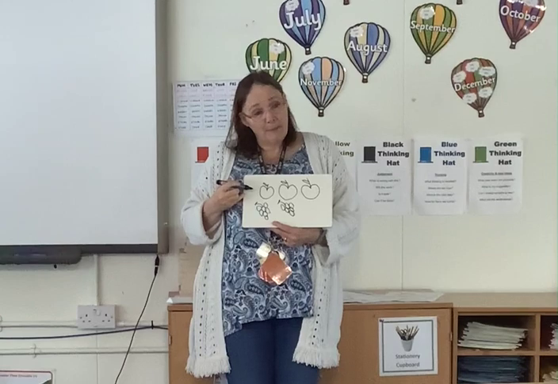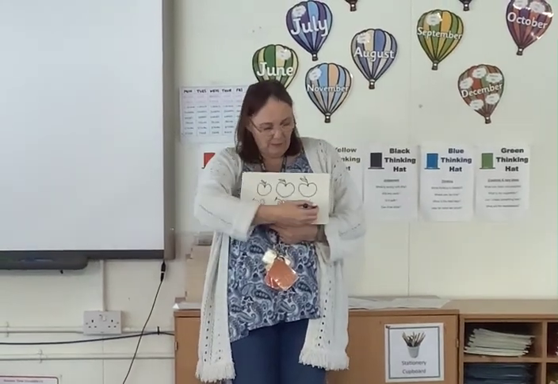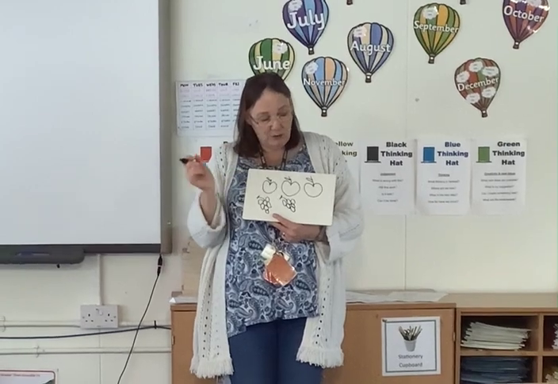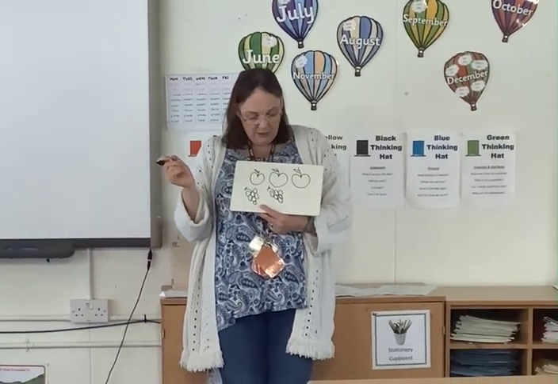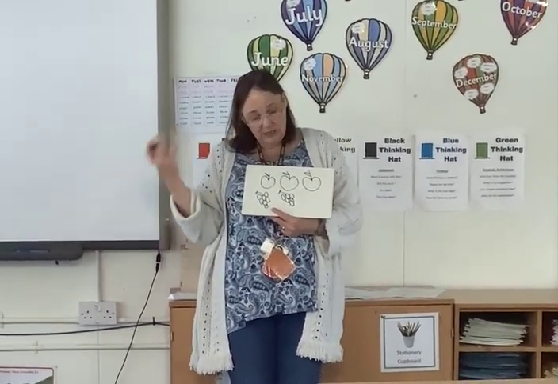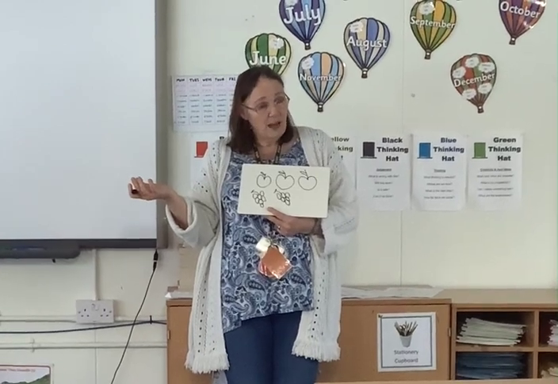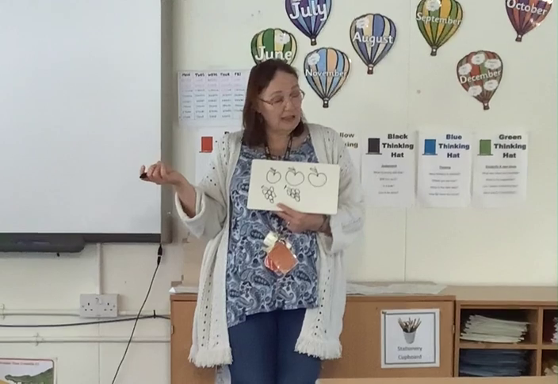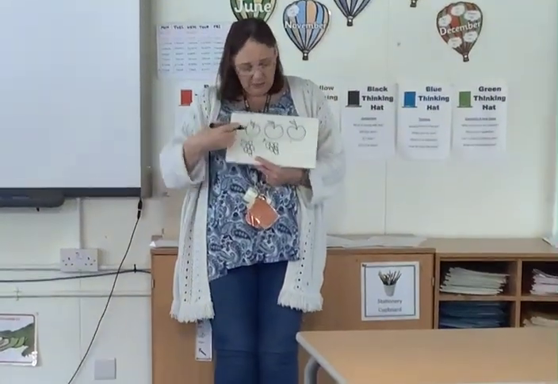With a pictogram, I can choose how many one of these represents. So if I had 10 people in the class and 4 of them chose grapes and 6 of them chose apples, I could do it like this.